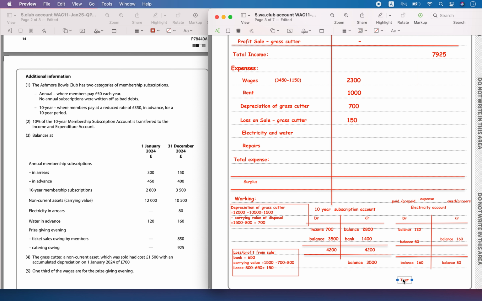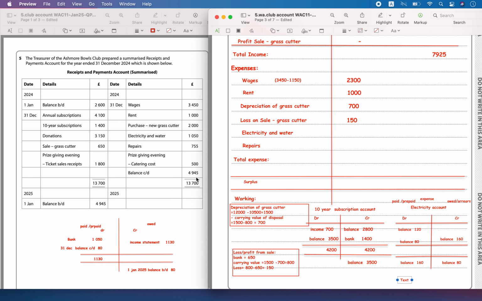And then some amount was paid towards that. It is appearing on the credit side. So the bank value which was paid for electricity and water was around 1050. Okay, so let's write that also.